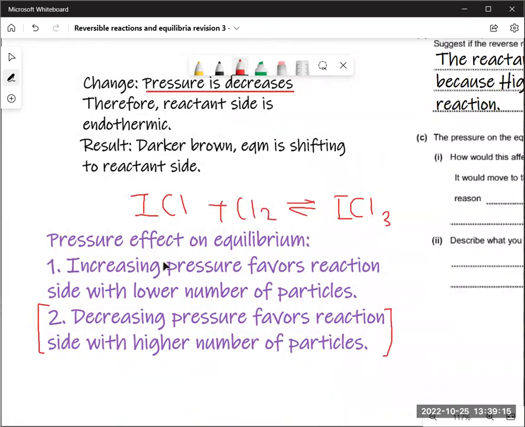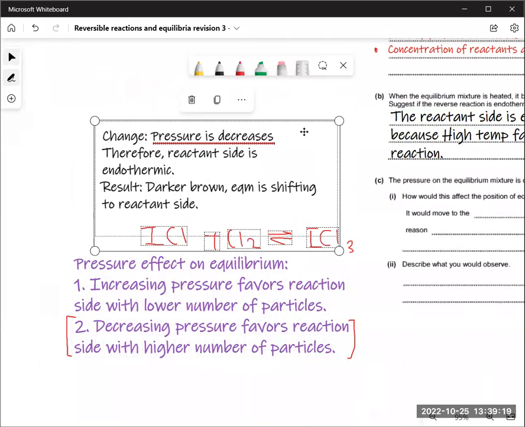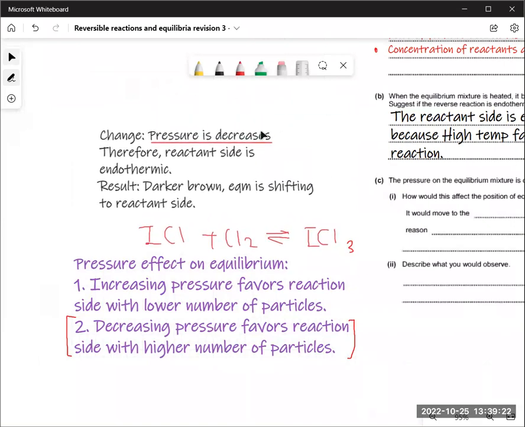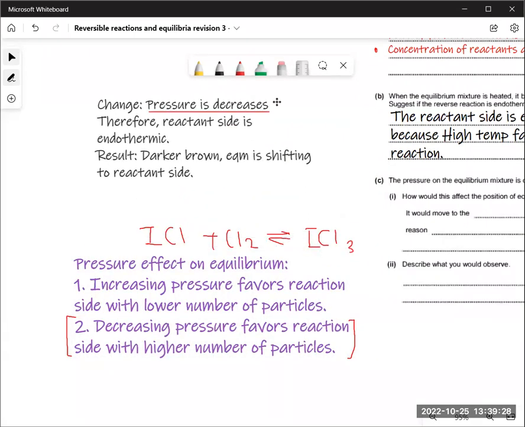Now tell me, where will the equilibrium shift, forward or backward? Decreasing pressure favors higher particles. So forward.